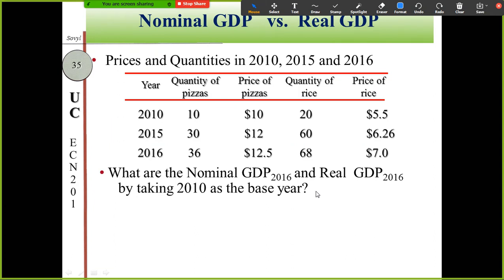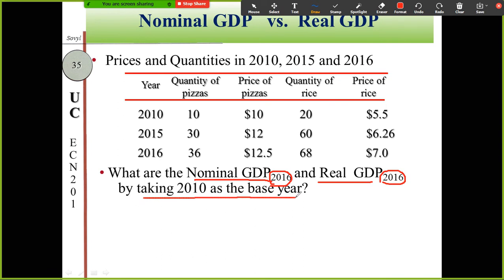Question: what are the nominal GDP 2016 and the real GDP 2016 by taking 2010 as a base year? Okay, so the information telling us about the base year is used in order to find real GDP, not nominal GDP.